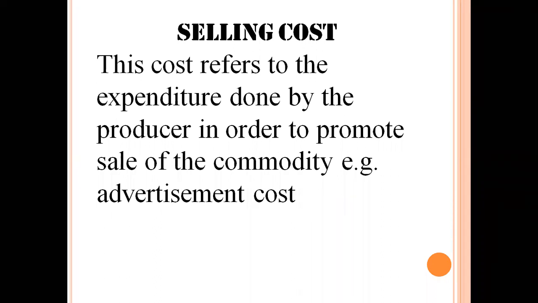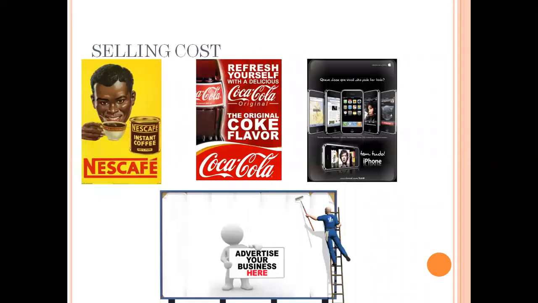Advertisement can be done on radio, television, hoardings, or through other media like magazines and internet. Selling cost refers to the amount incurred by the producer to promote the sale of the commodity, known as the advertisement or selling cost.